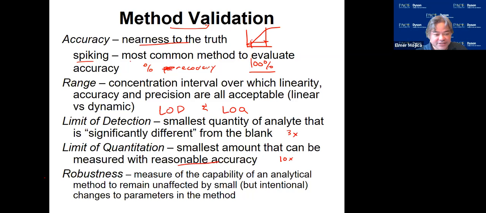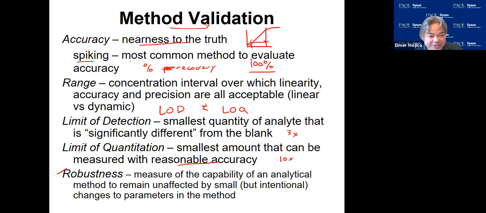Now, robustness. It is a measure of the capability of an analytical method to remain unaffected by small but intentional changes to parameters in the method. So what does it mean? You change the conditions on purpose, and if the result remains the same, you could say the method that you have is robust.